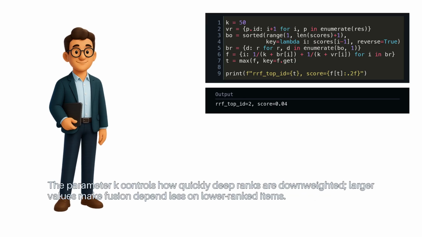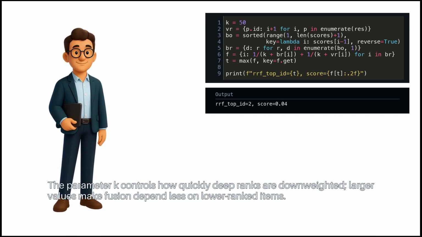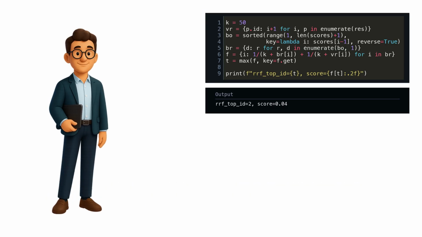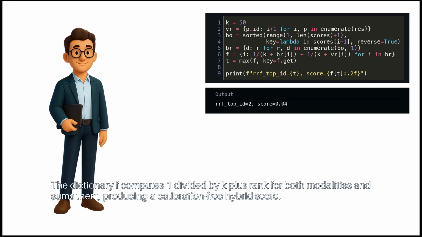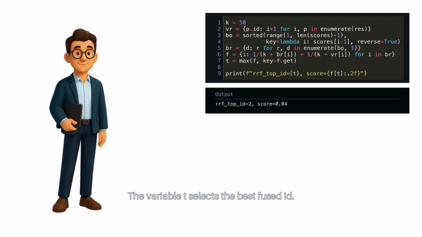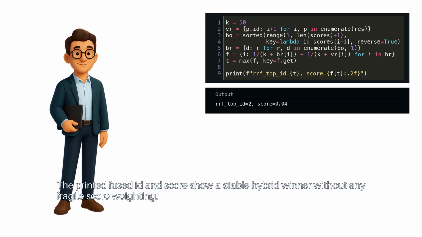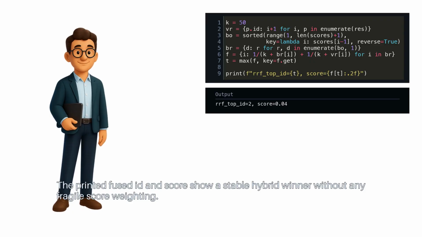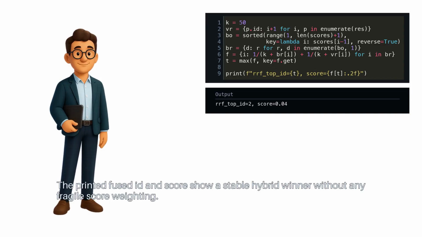The parameter k controls how quickly deep ranks are downweighted. Larger values make fusion depend less on lower ranked items. The dictionary f computes 1 divided by k plus rank for both modalities and sums them, producing a calibration-free hybrid score. The variable t selects the best fused ID. The printed fused ID and score show a stable hybrid winner without any fragile score weighting.